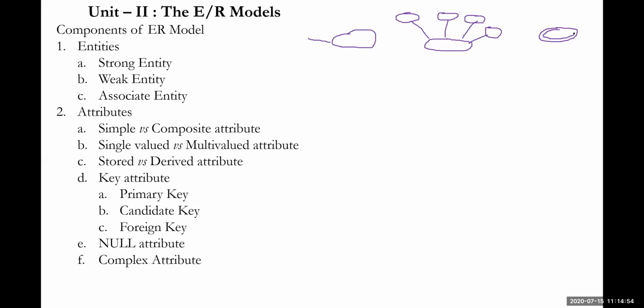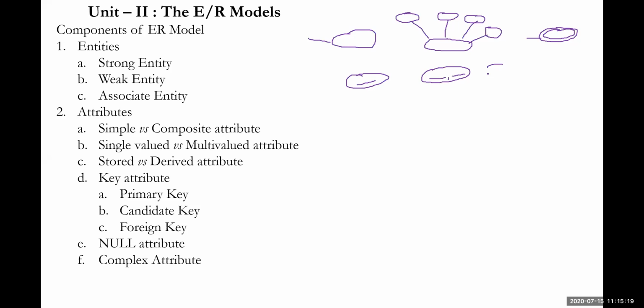A multivalued attribute is always a double-lined oval shape. If you consider a key attribute, the name of the attribute must be underlined, and for a composite key, two or more primary key values must be specified here.